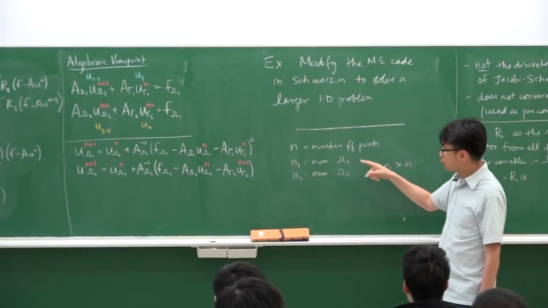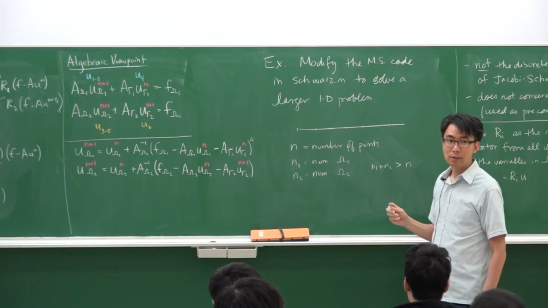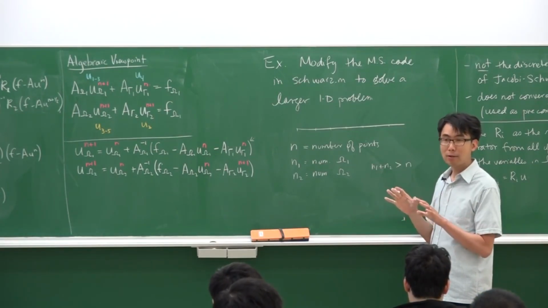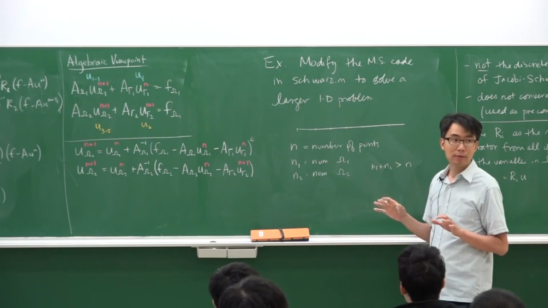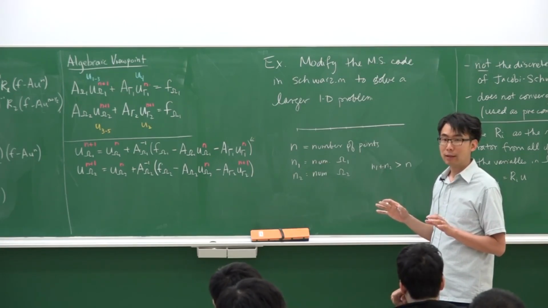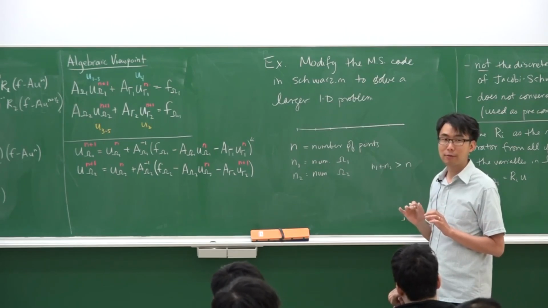And try different values of n1 and n2 to use larger amounts of overlap or smaller amounts of overlap to see how the amount of overlap affects the convergence.